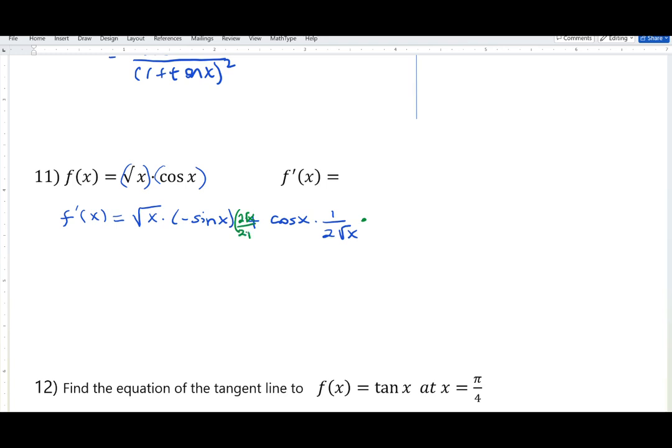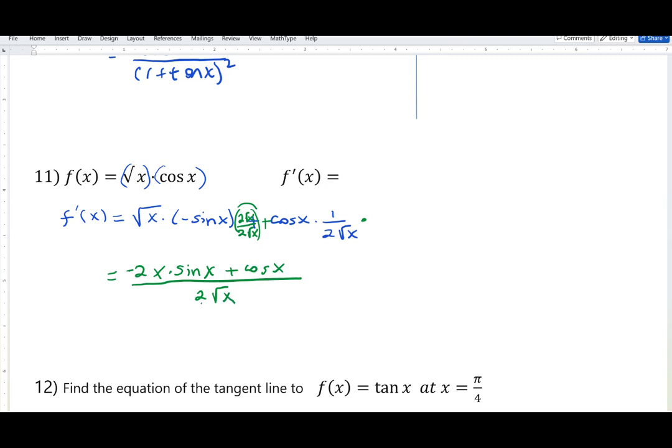So that way both of them will have the same denominator. So if I do that, 2 root x times root x, I'll have 2x times negative sine x, put the negative up front. So negative 2x sine x plus cosine x. Because they have both the same denominator, I'll write in one common denominator of 2 root x.